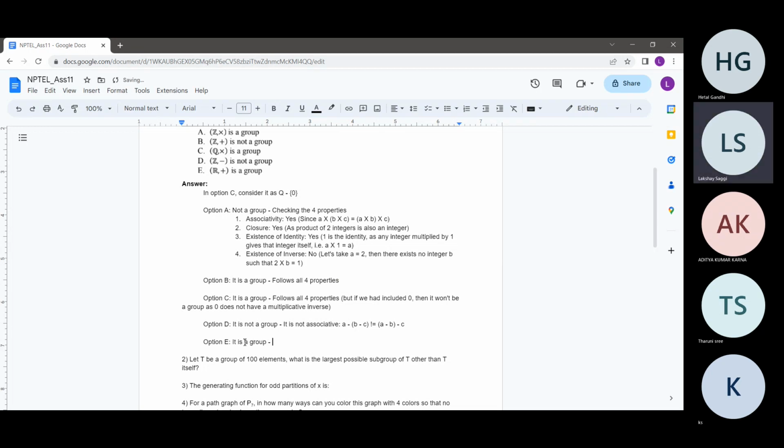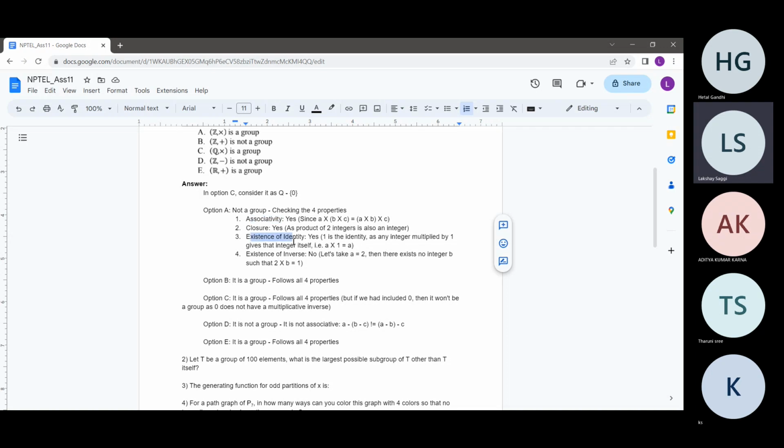And why will this be the case? It also follows all four properties. So just to check orally quickly, why will the set of real numbers over addition be a group? We're checking first for associativity. We know a plus b plus c will give me a plus b plus c. Similarly, closure: addition of two real numbers will give me a real number itself, right?